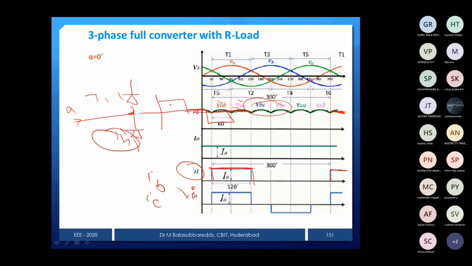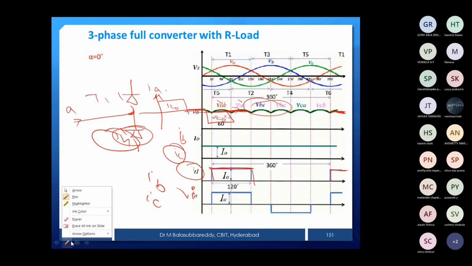T1 is conducting for 120 degrees and T4 also conducts for 120 degrees. During the instant when T4 is conducting, the voltage is more negative, so the current drawn from the source is also negative. We get the A phase current waveform like this. Similarly B phase and C phase, only with a 120 degree phase shift.